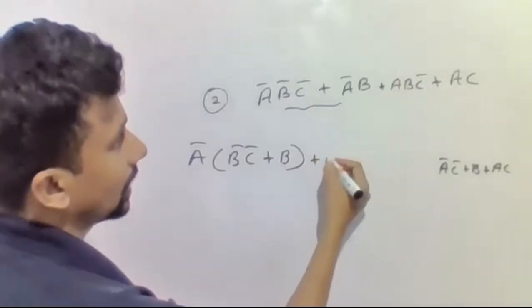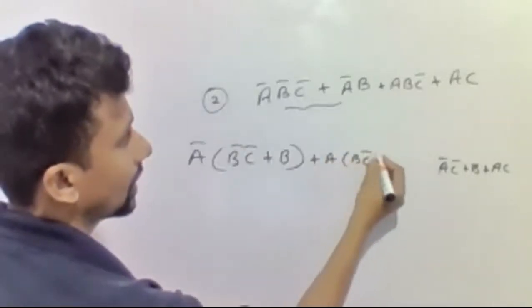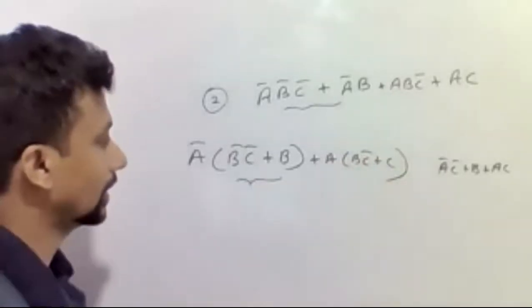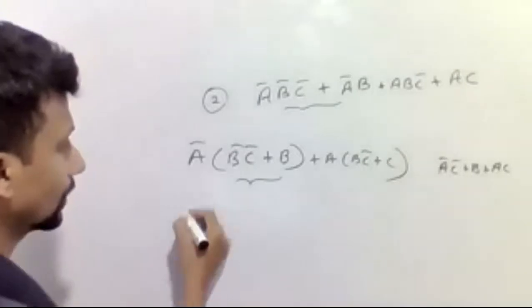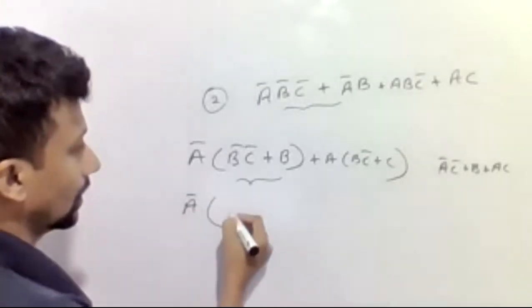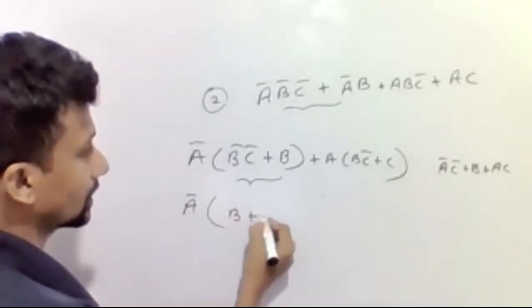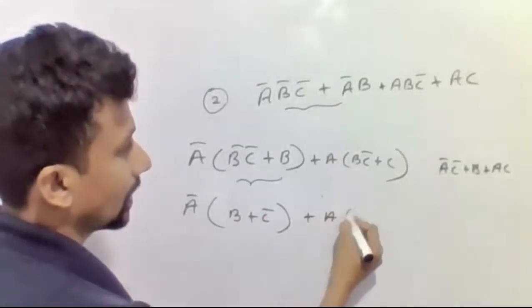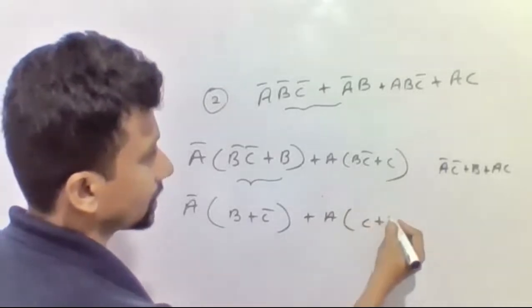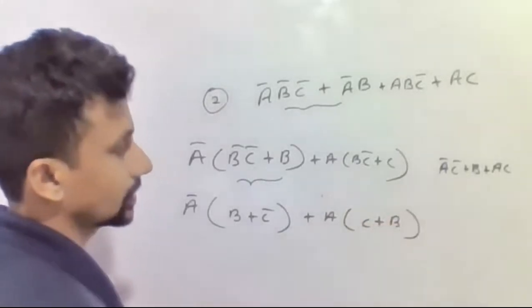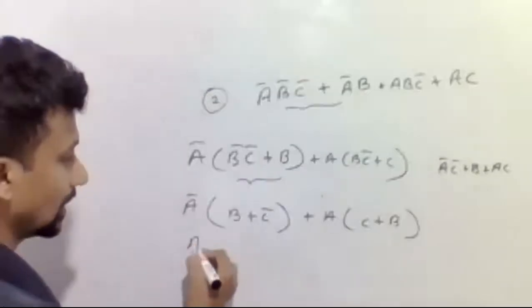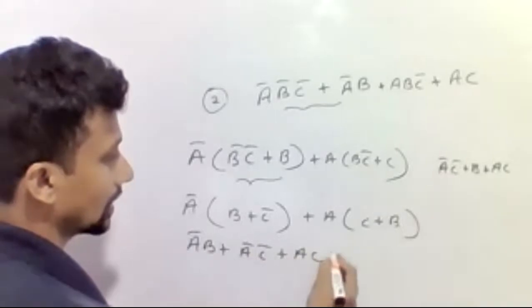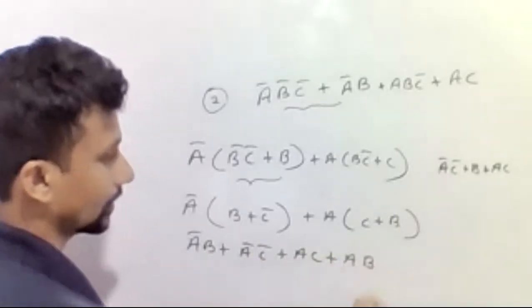Then I am taking a out, so b c dash plus c, right? And here I am using the redundancy law. There you get b plus c dash inside. Here also I am using that law, c plus b is coming, right? Then I am multiplying: a dash b plus a dash c dash plus ac plus ab.